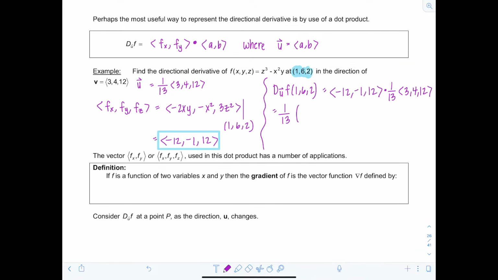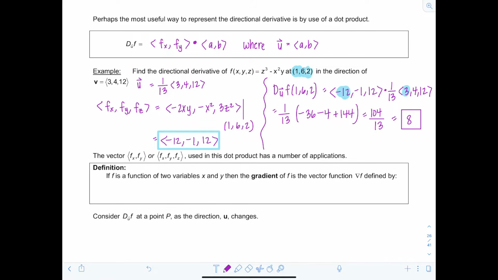Then negative 12 times 3, the product of the first components, is negative 36, and same thing with the second components, negative 4, and then plus 144. So that's negative 40 plus 144, which is 104, divided by 13, which is 8.